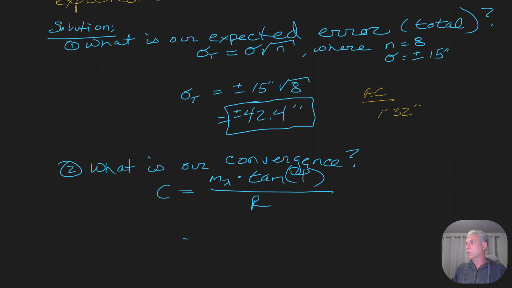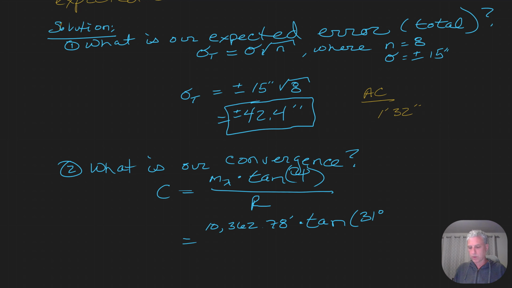So what does that equal? Well, M lambda was 10,362.78 international feet, times the tangent of our average latitude, which was 31 degrees, 48 minutes and 2 seconds.